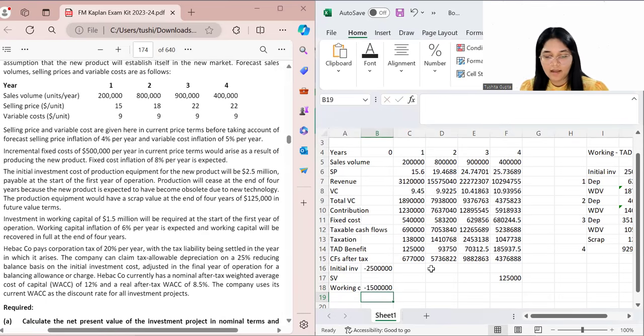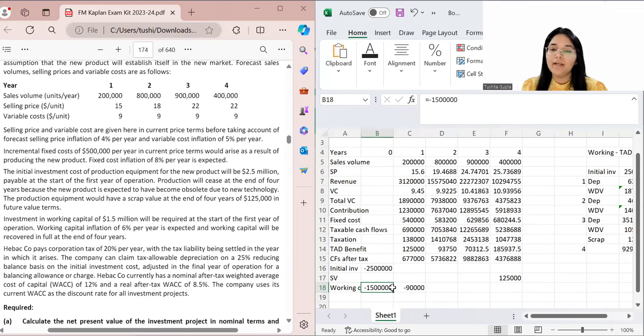And the next thing that I have to take is the inflation that applies to my working capital. So working capital inflation is 6% per year. So equals this into 6%. So this is the inflation that will be applicable. That means after I have provided for the working capital of 1.5 million in the very first year, in the next year, I'm going to have to add 90,000 more to it.